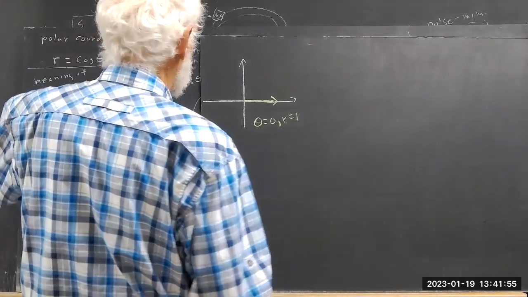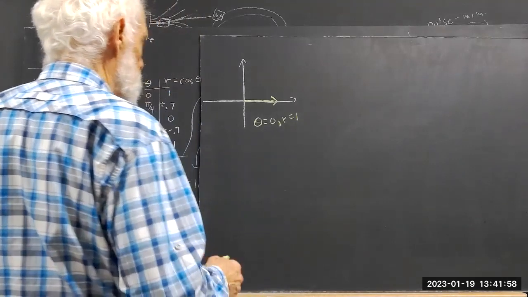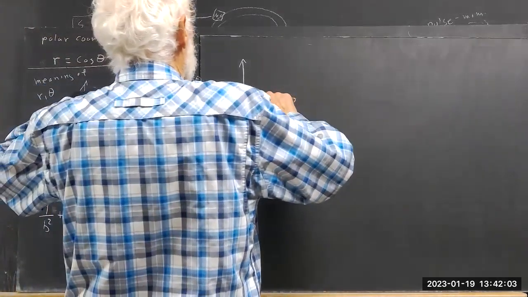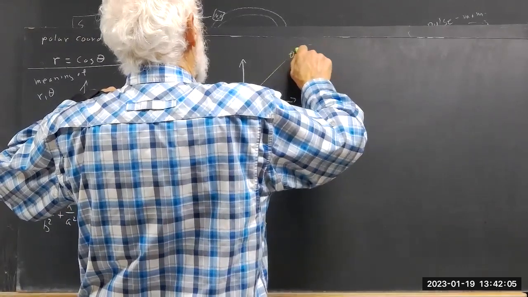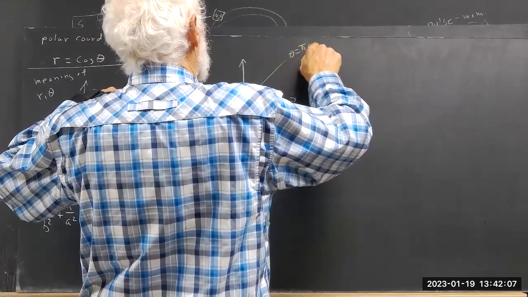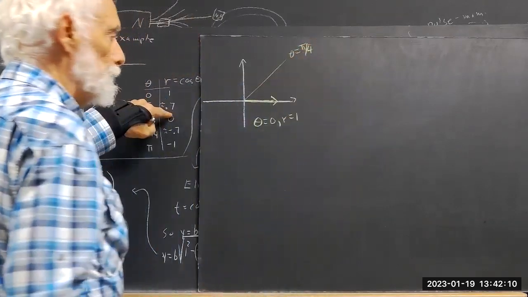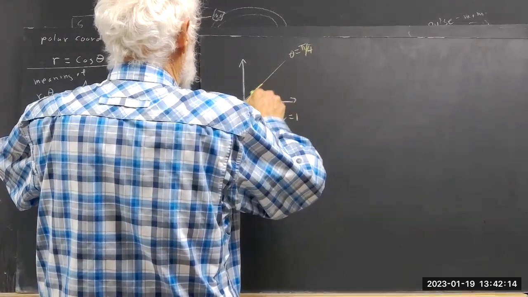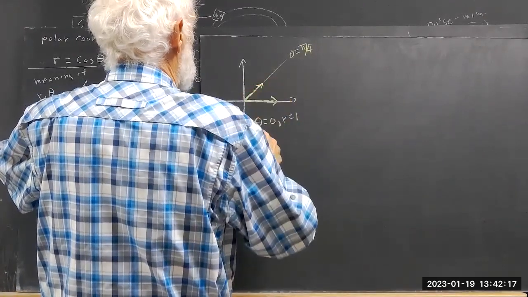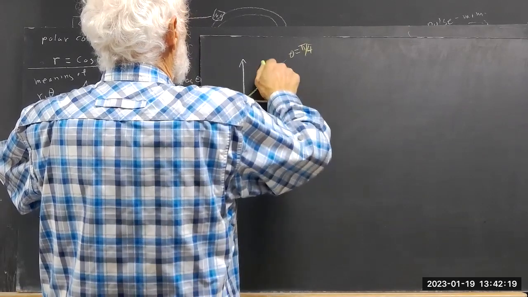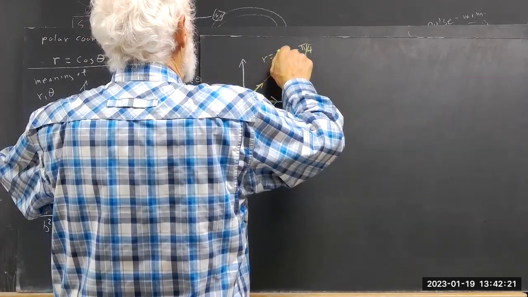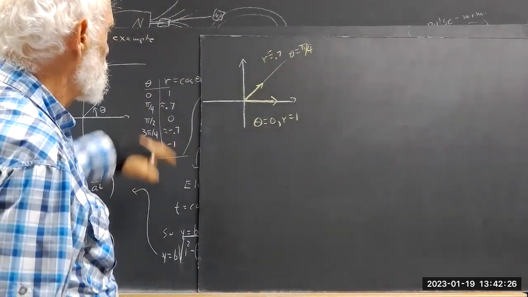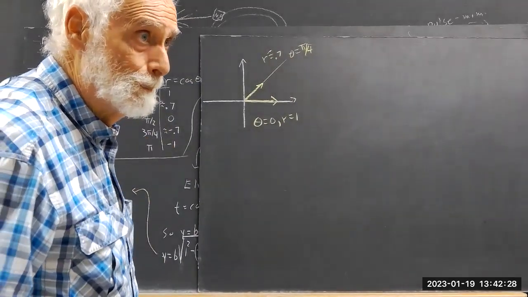Then, and I was in an unfortunate place to label it, theta equals pi over 4. R is 0.7. Well, if that's 1, then 0.7 would be about here. Then theta equals pi over 2, R equals 0.